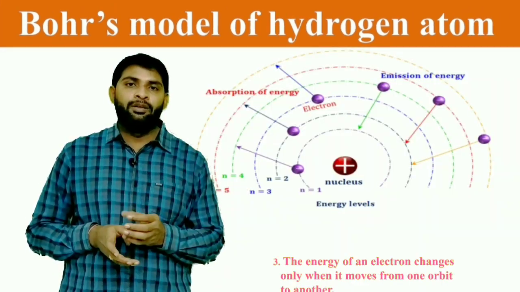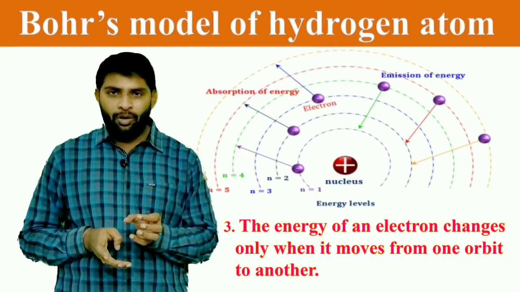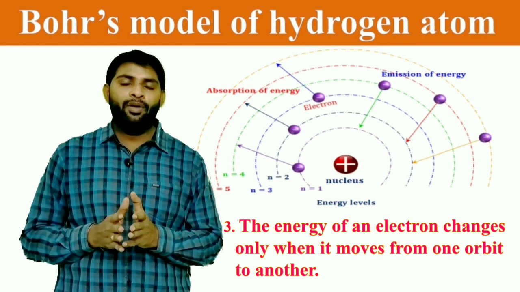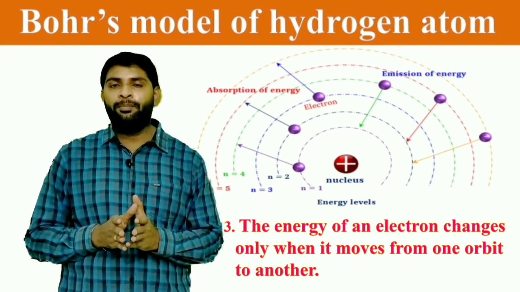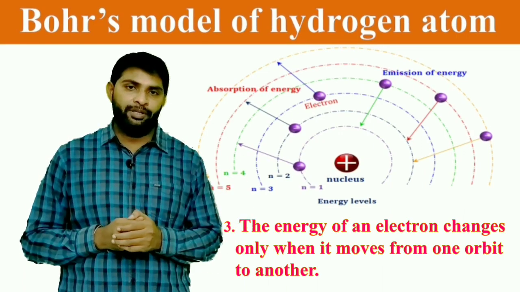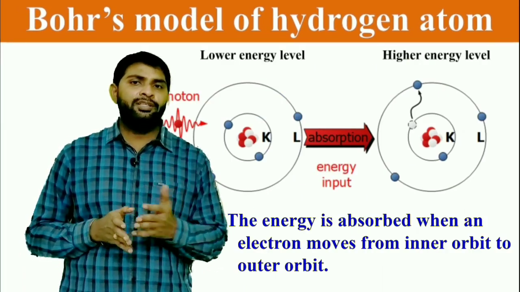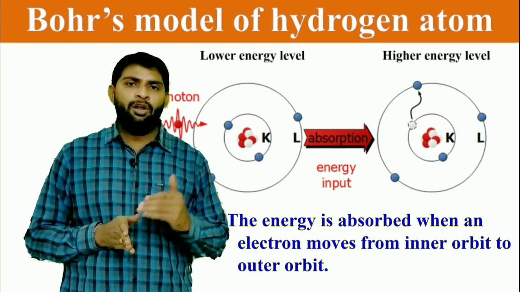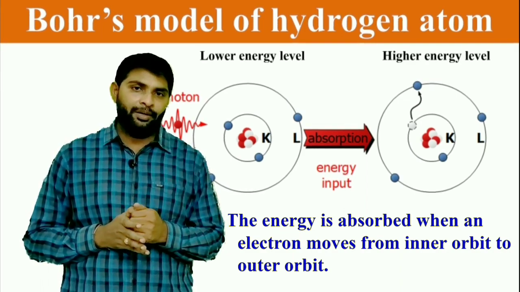Third one. The energy of an electron changes only when it moves from one orbit to another orbit. The energy is absorbed when an electron moves from an inner orbit to an outer orbit.